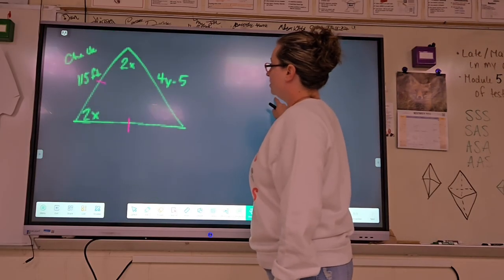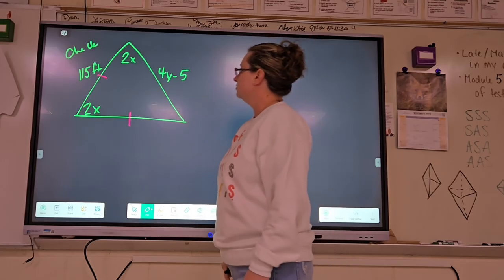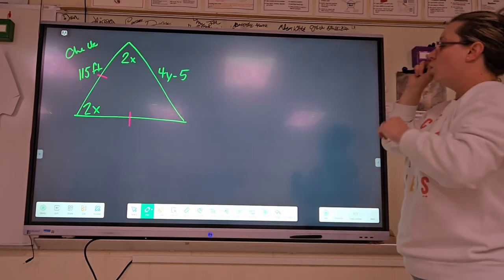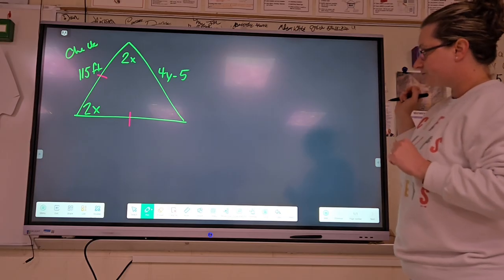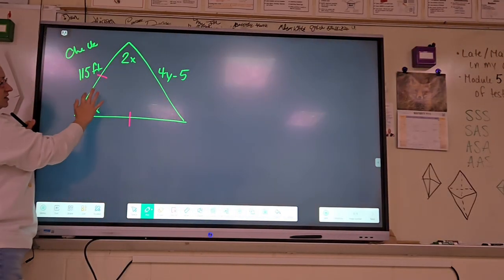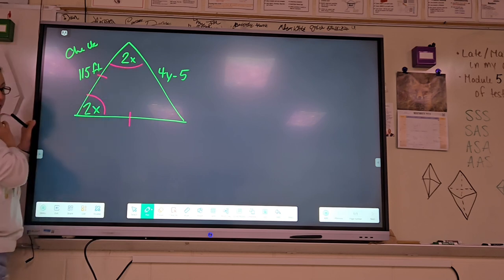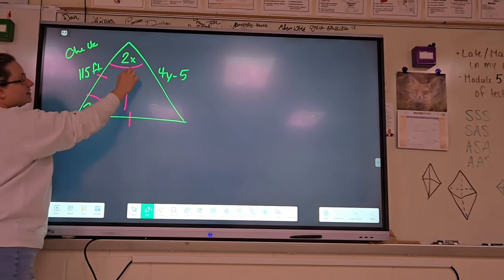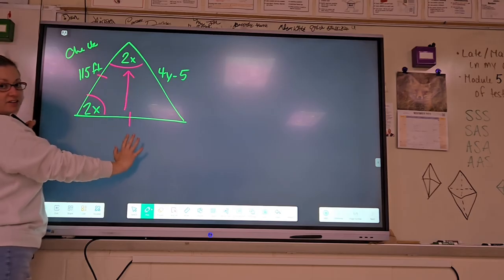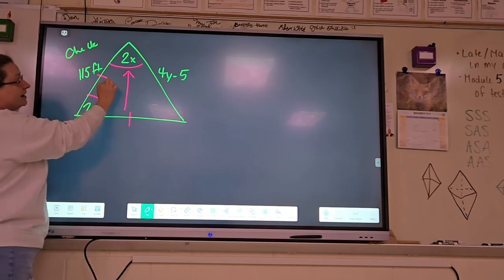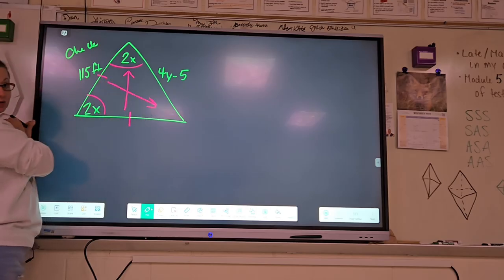they have the check problem that uses the same kind of idea. So we see that we have these two angles congruent to each other because they're 2x. And then we know that these two sides are congruent. Well, opposite that side, that I don't have anything down here to measure the side for, is the 2x. It has to be the same opposite that one.